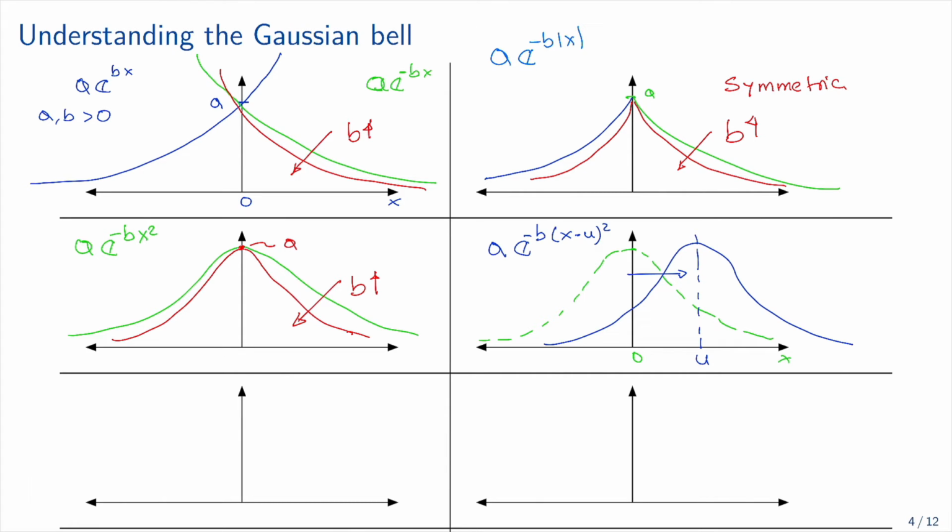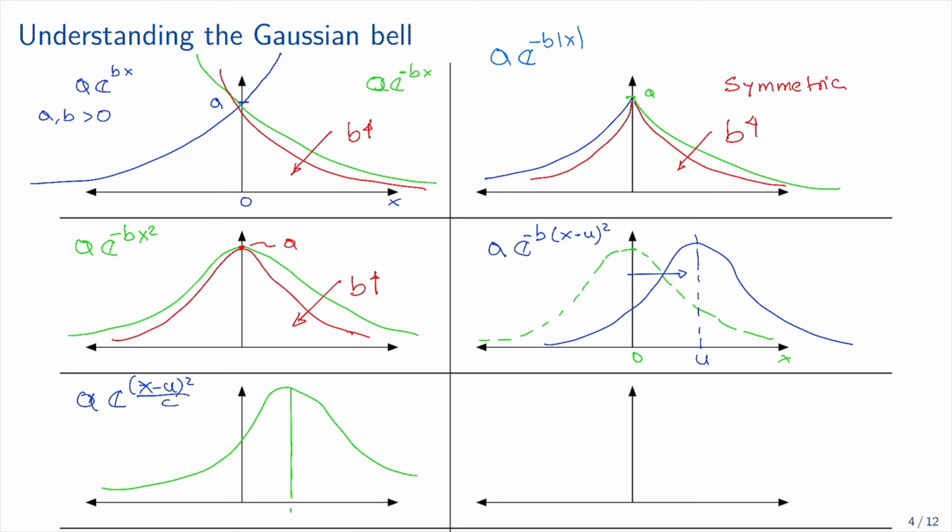Now let me express this exponential function in terms not of b, but divided by a constant. So it's going to be the inverse effect of b. So we have a multiplied by e to the minus (x minus u) squared divided by c. So we have the same case as before. So we have our function.